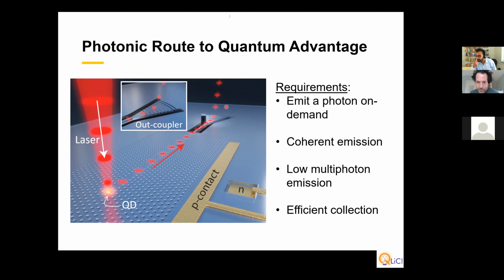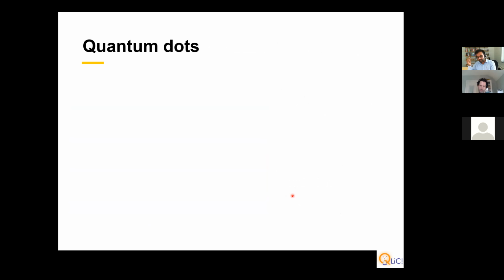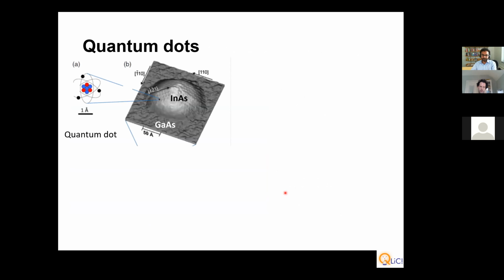So the choice of implementing these n identical photons was to use quantum dots. What quantum dots are is that essentially they are one semiconductor material embedded in another semiconductor material, and they have a very small, finite size.